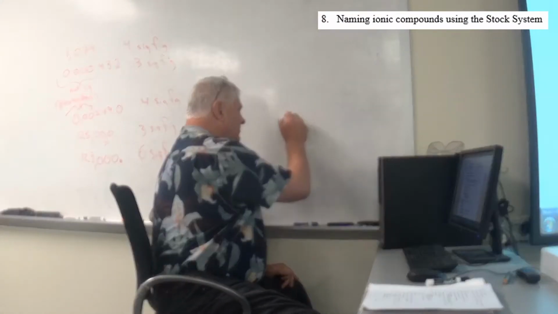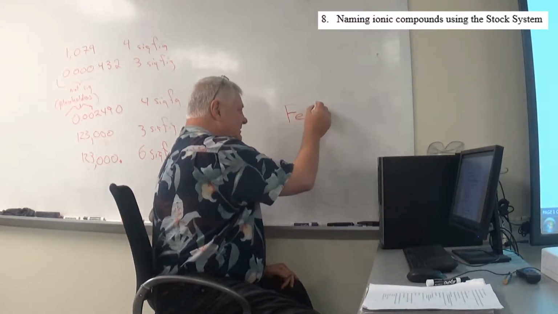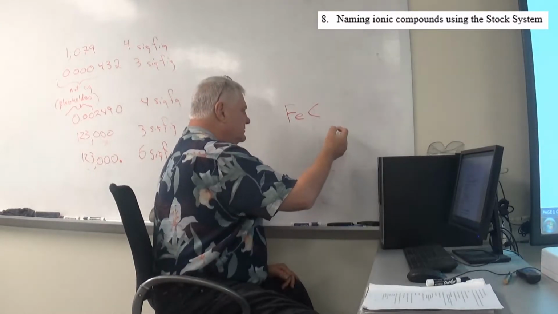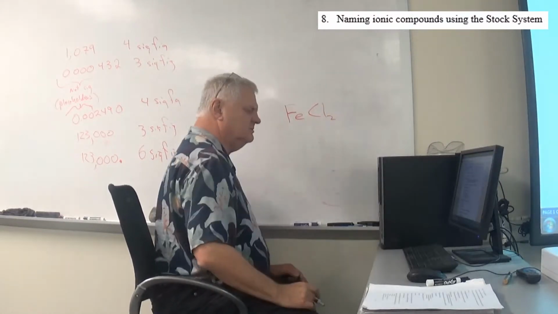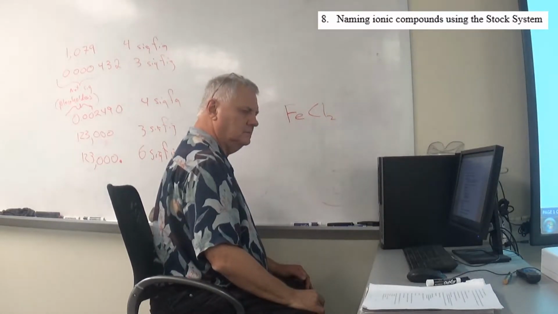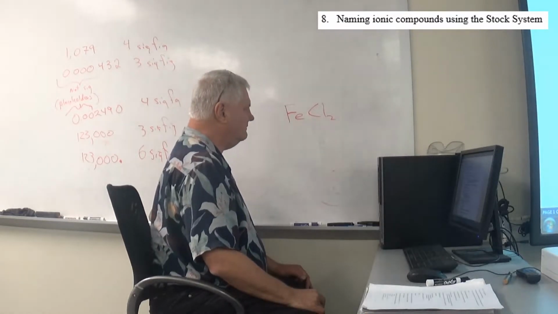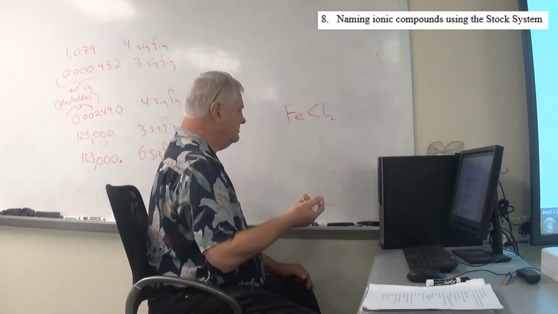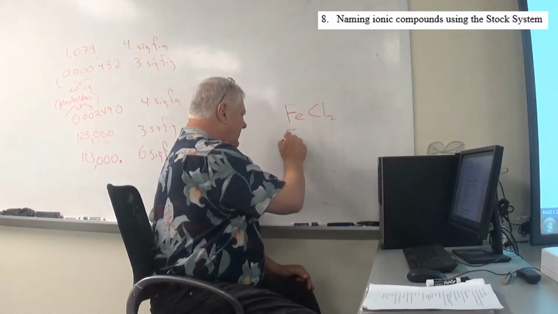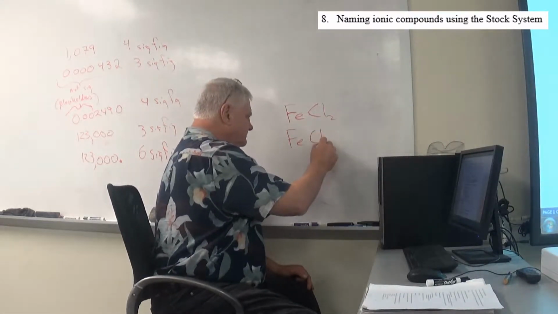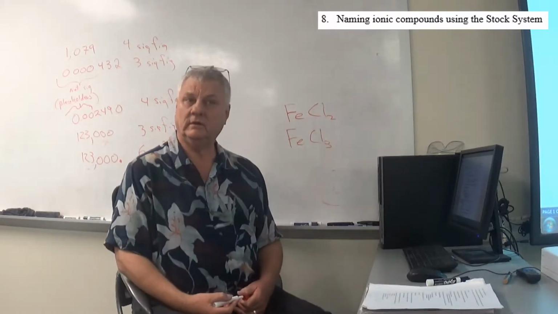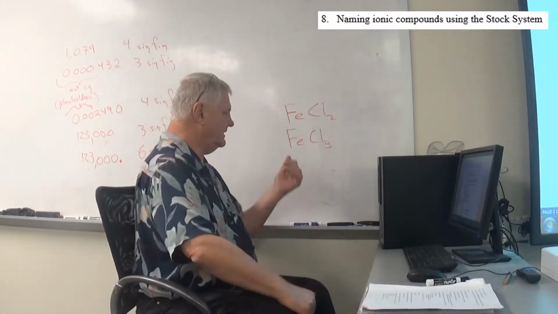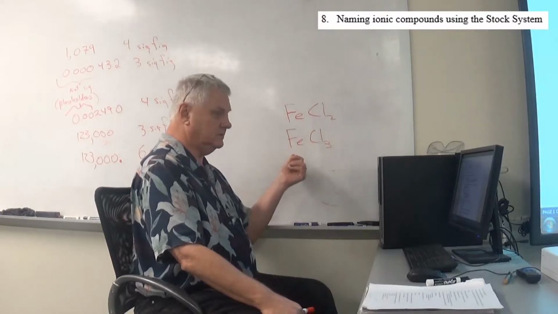For iron(II) chloride, since chloride typically has a -1 charge, you're going to have 2 chlorides. Don't forget the formula has to add up to a charge of 0. For iron(III) chloride, well, you're going to need 3 chlorides. But don't forget, for iron(III) chloride, the iron has a +3 charge.